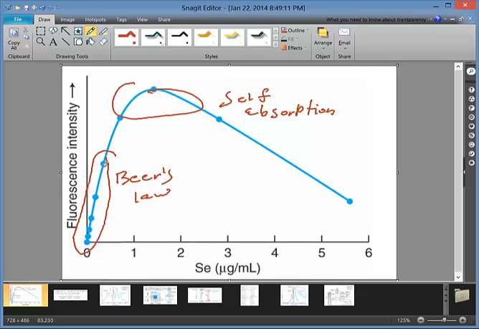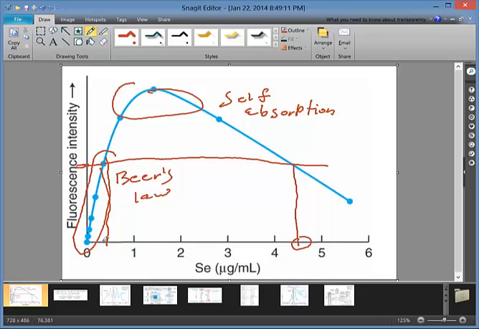So, for example, let's just say, I'm just going to pick a number here. So here's this fluorescence intensity. If this is the value that we observe in our detector, it's going to be hard for us to tell whether that's due to a sample that has a concentration of 4.5 micrograms per milliliter, or if it has a concentration of, say, 0.3 or 0.4 micrograms per milliliter.